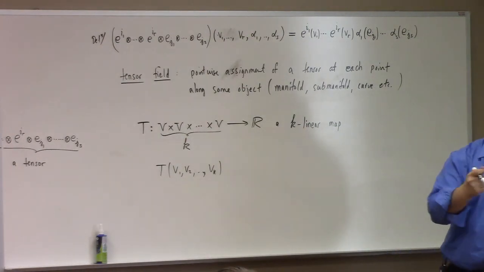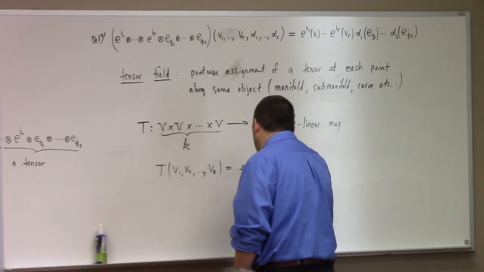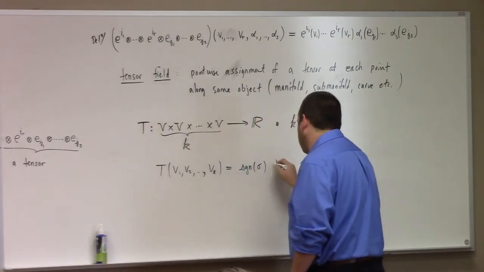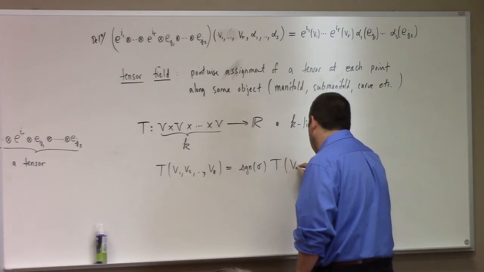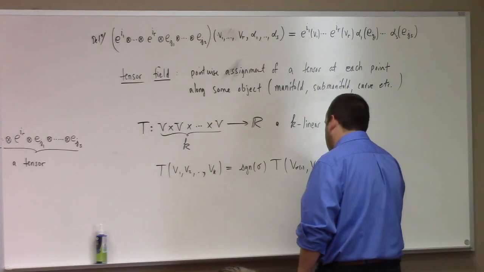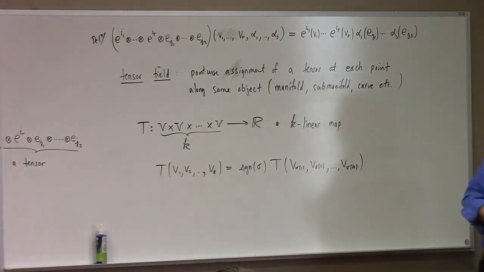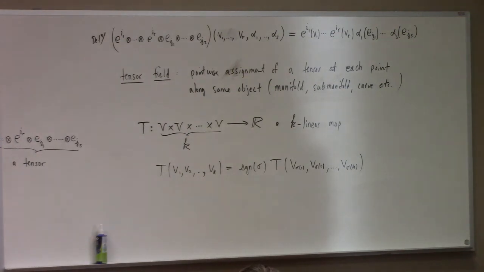If it has the following property, that this is equal to the sign of sigma times T of v sigma of 1, v sigma of 2, through v sigma of k, all right? If all that happens for you, then this is said to be a completely antisymmetric tensor.